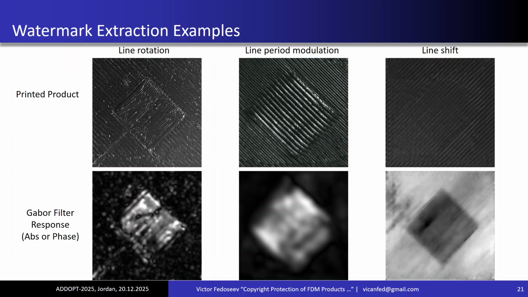At the bottom of this slide, you can see the Gabor filter responses, and it's clear that the area of watermark can be visualized, and it is seen by our eyes. You can see that even the most complex case, line shift, which is at the right, can be revealed by Gabor filter responses.